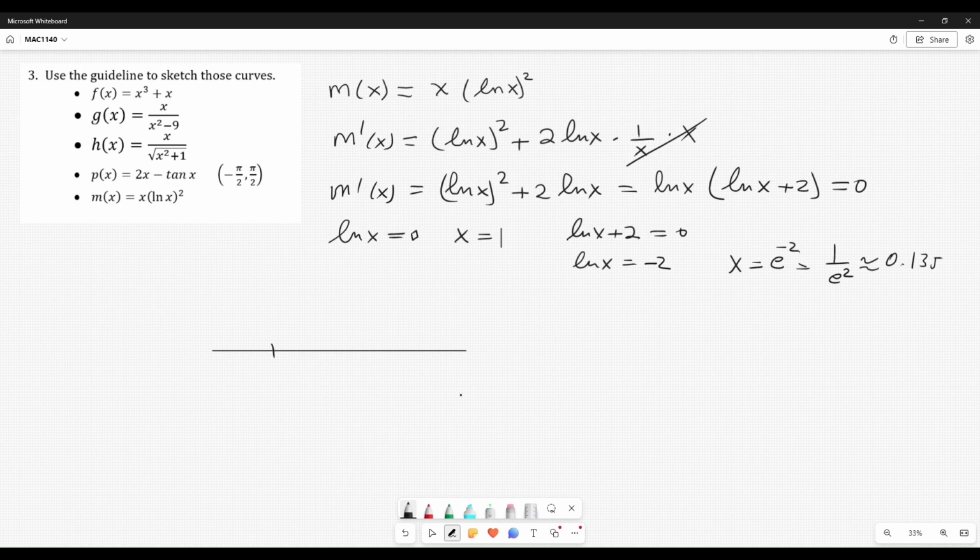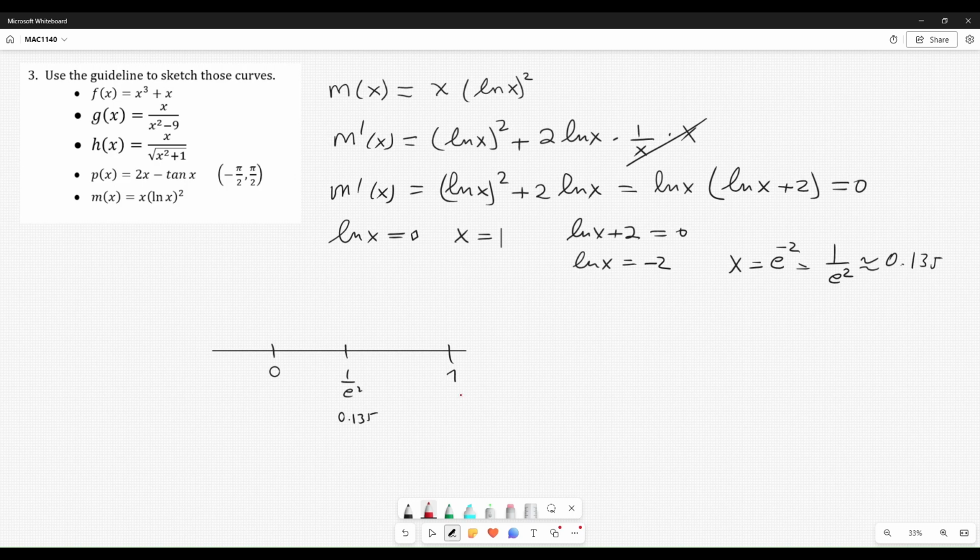We have 0 at the beginning of the domain. We have this number, 1 over e squared, which is approximately 0.135, and we investigate what?